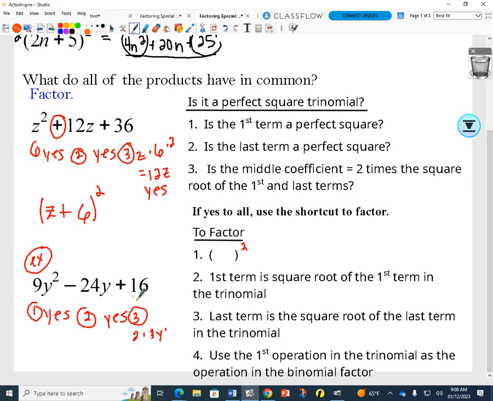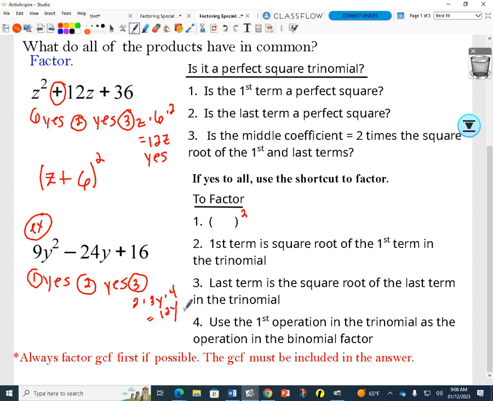That equals 12y. So, I'm sorry, 24y, 12y times 2. So it does equal the middle term.